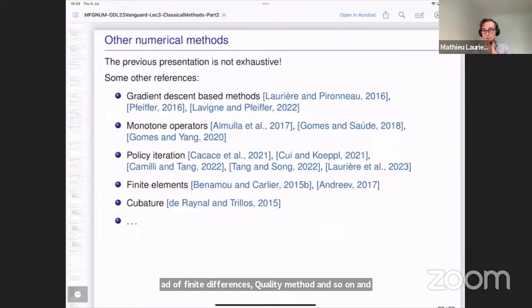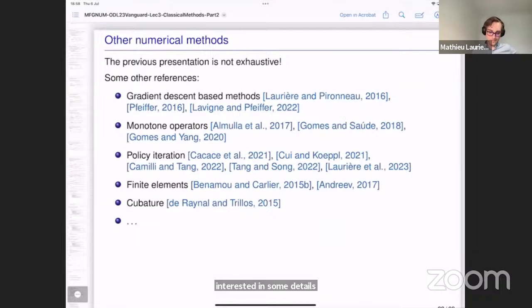So there are other numerical schemes and other algorithms around. I tried to focus on some of the most common ones, or at least to provide the main ideas. But feel free to let me know if you're interested in details on other methods.